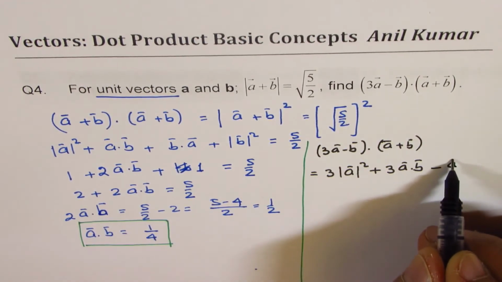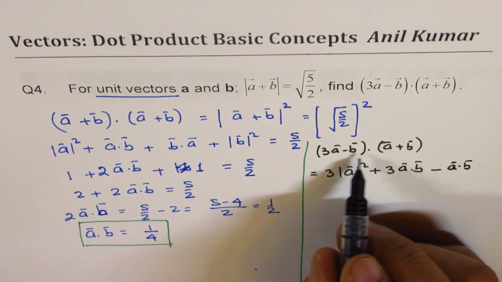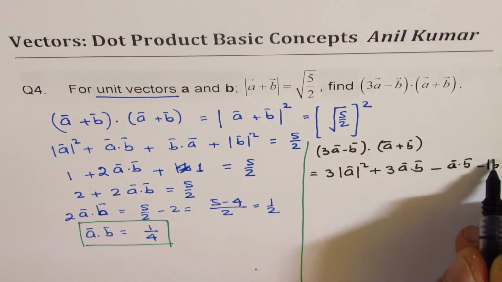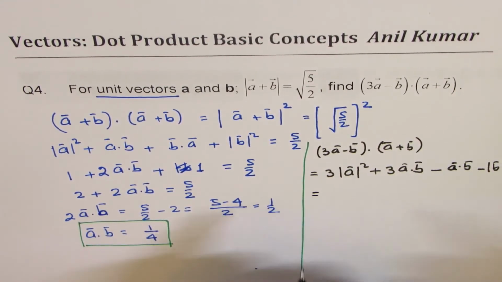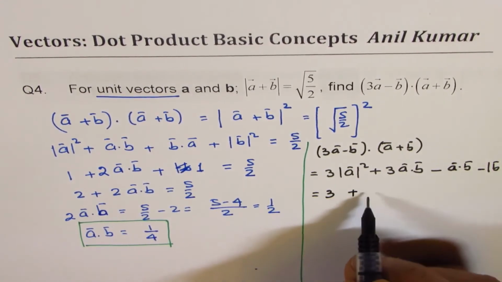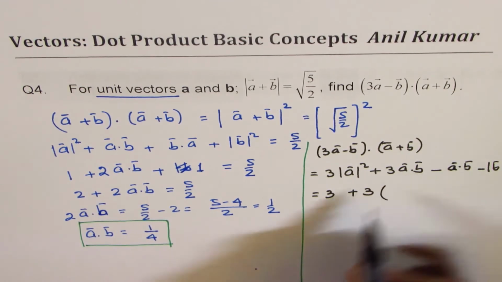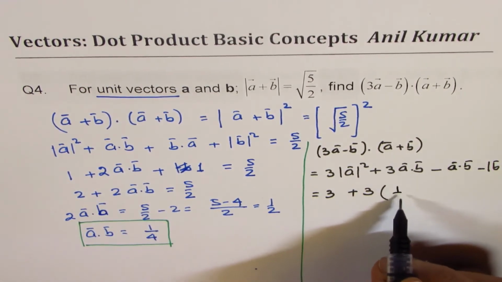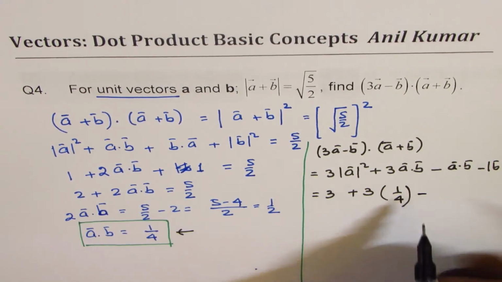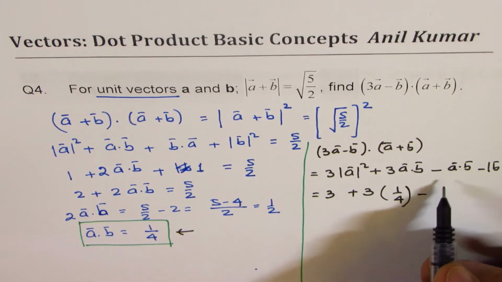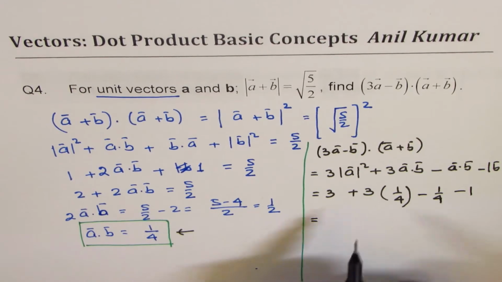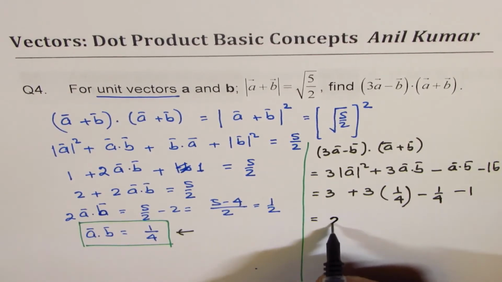We could write A dot B also, since it is commutative, minus magnitude of B square. So that gives us, since magnitude of A is 1, we could write this as 3 plus 3 times A dot B is 1/4, right? So we'll write 1 over 4 here, minus A dot B is 1/4, minus 1. So that gives us 3 minus 1 as 2.